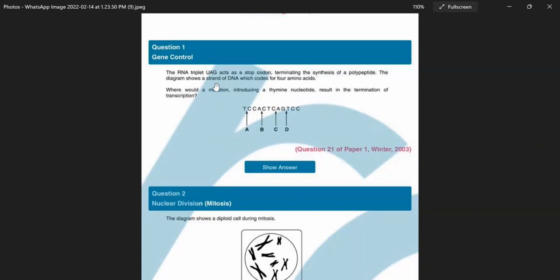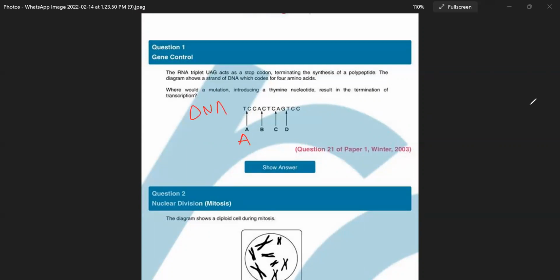So we know the termination or stop codon is UAG, right? And we need to see it. How do we see it? If this is the DNA, we simply make an RNA out of it. For T, what's the one for T? A. Tell me the whole codon.